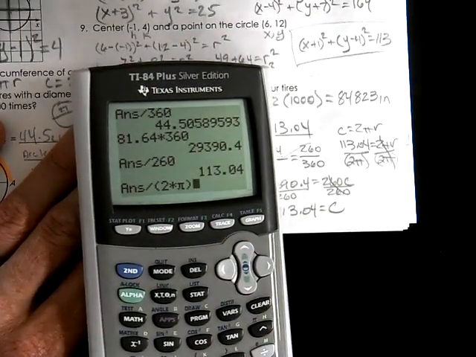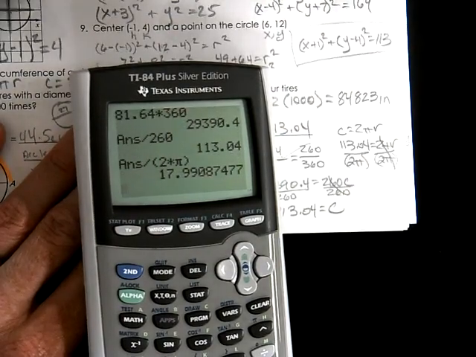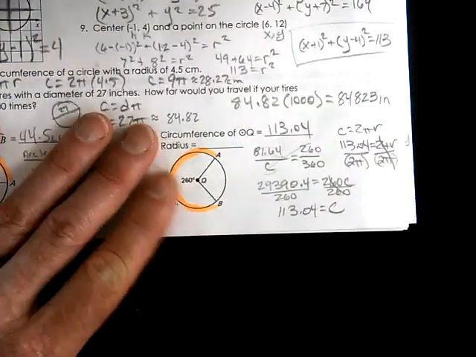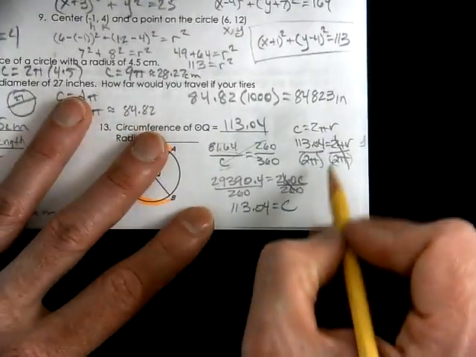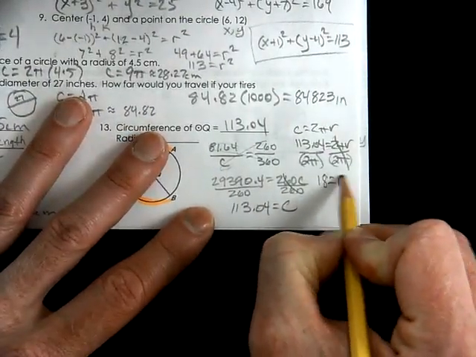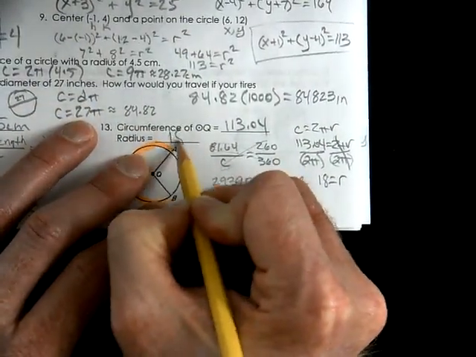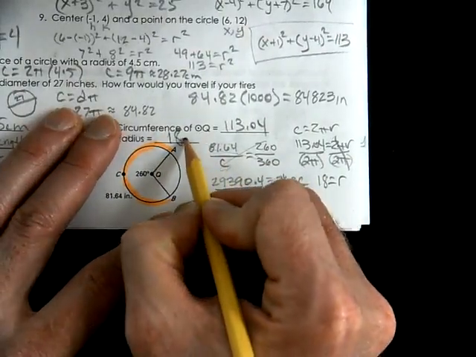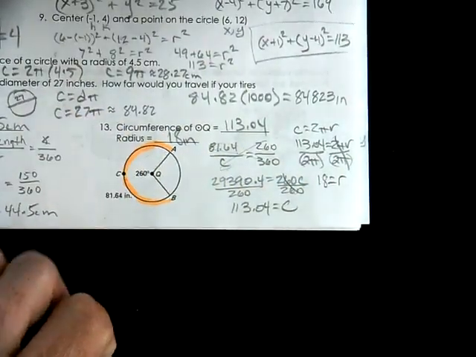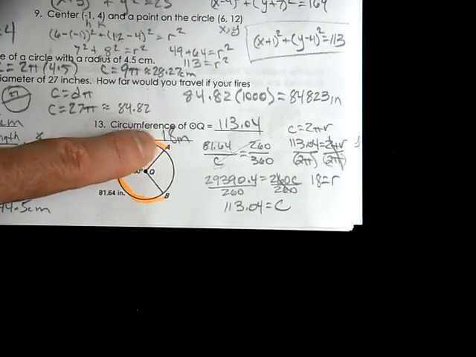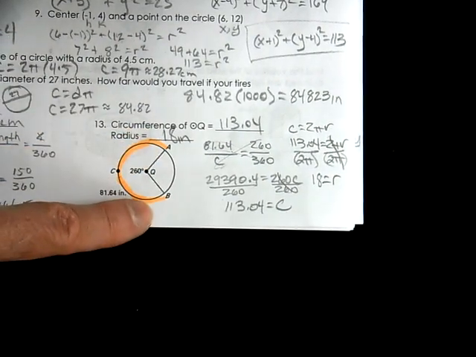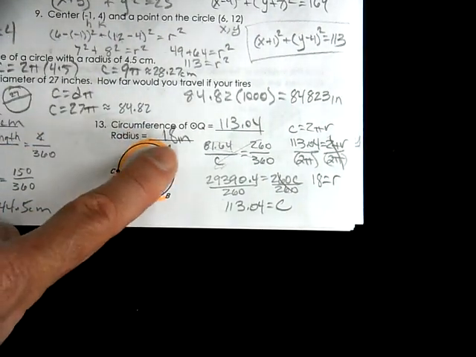You've got to use parentheses in a lot of calculators. So that's just about 18, and that would be in inches. So if this arc was 81, then the radius would have to be 18.